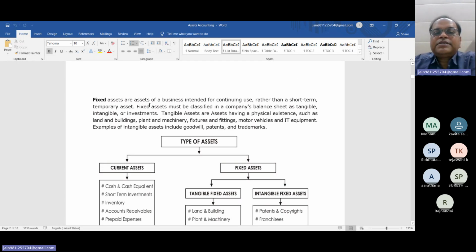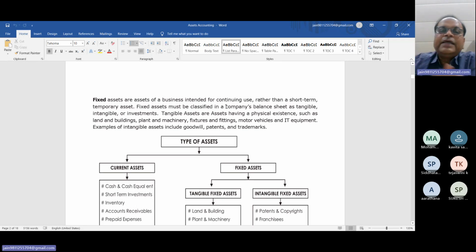Now, beta, the fixed assets. Fixed assets are assets of a business intended for continuous use rather than short-term or temporary assets. The fixed assets must be classified in a company's balance sheet as tangible, intangible, or investment.